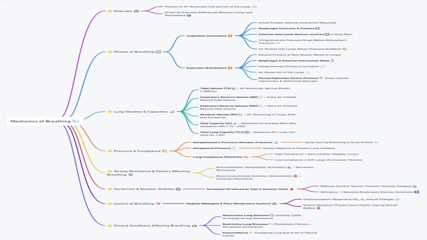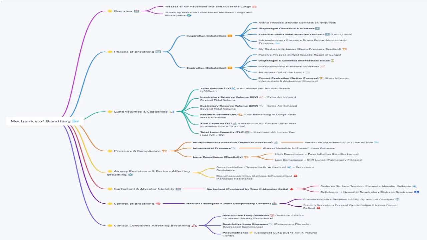Atmospheric pressure 760, 760 in the lungs. In, let's say, traumatic pneumothorax, you have 756 intrapulmonary pressure.